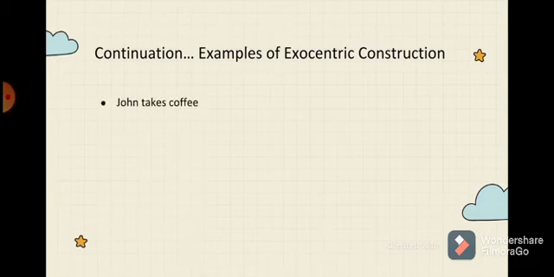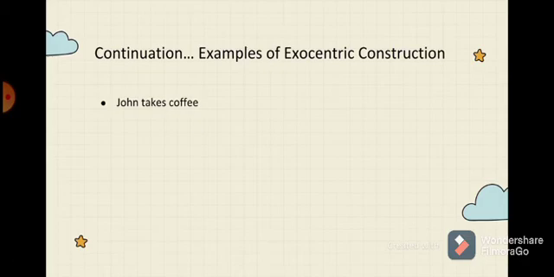I have a sentence: John takes coffee. As I said before, that sentence belongs to exocentric construction. Why? Because sentences are exocentric because the constituents function differently from the whole.